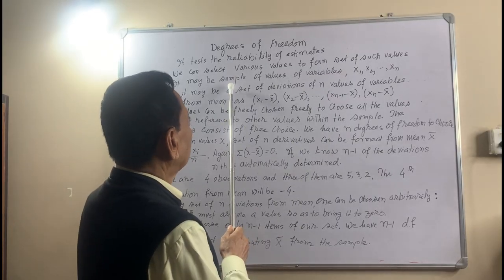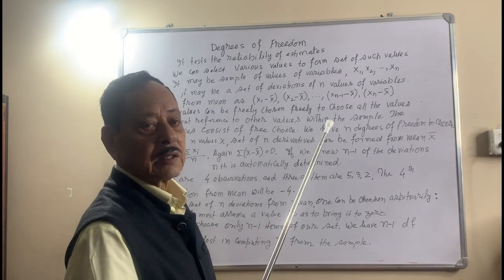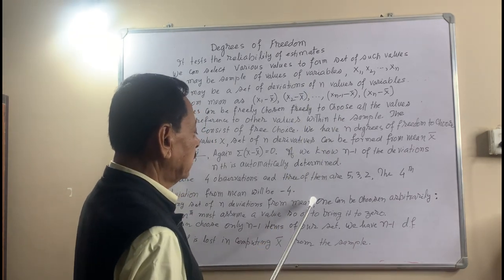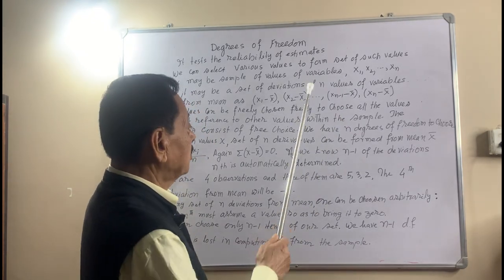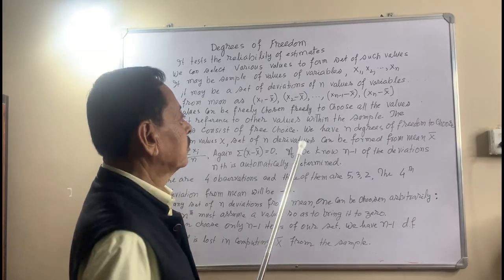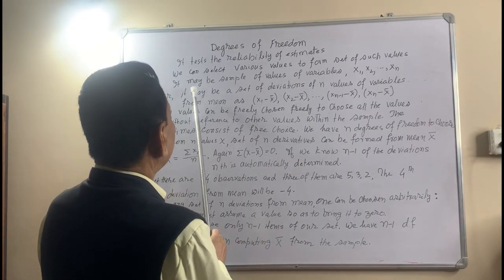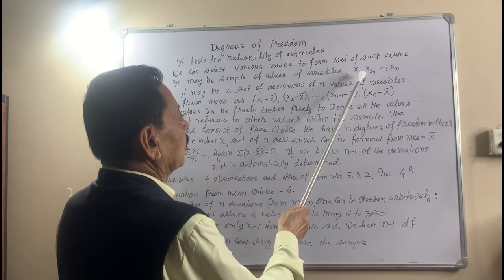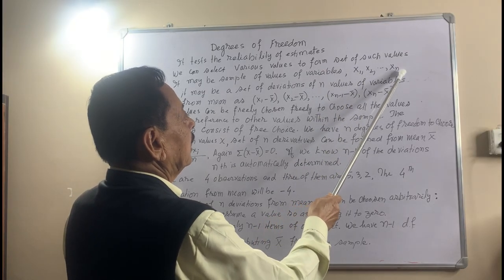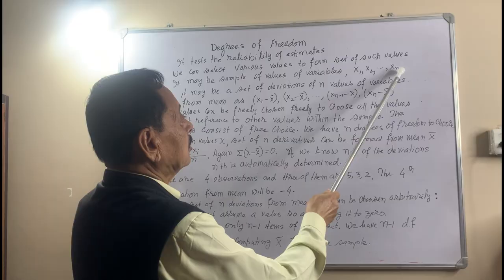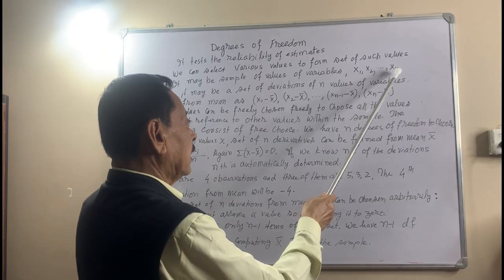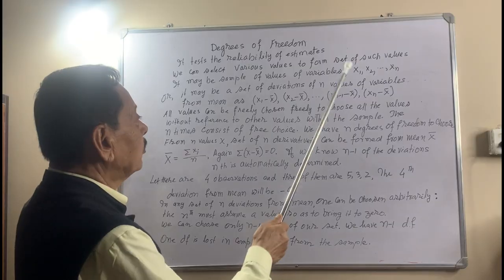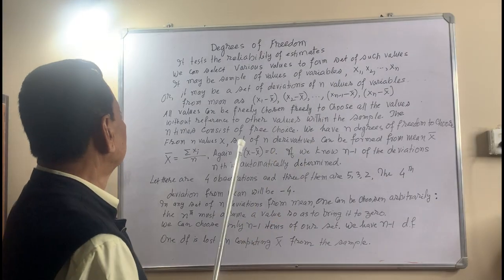Suppose there are 30 observations: x1, x2, and so on up to x30, 30 values. So it may be a sample of values of variables, x1, x2, up to xn, n number of observations.